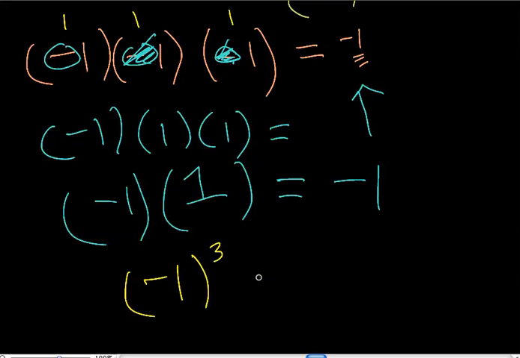The idea here is if you have 2 negatives, or 4, or 6, or 8 negatives, or any even amount of negatives, they're going to cancel each other out. So if I have an odd number of negatives, like this 3 here, the answer is going to be negative, and then I multiply out the numbers, multiplying out 1 three times, so I'm left with negative 1.